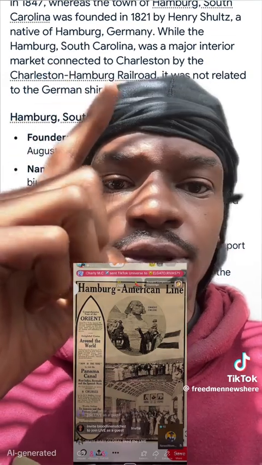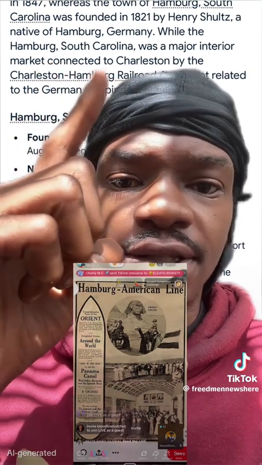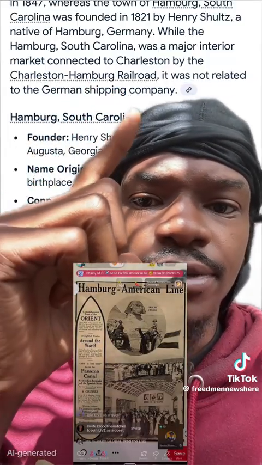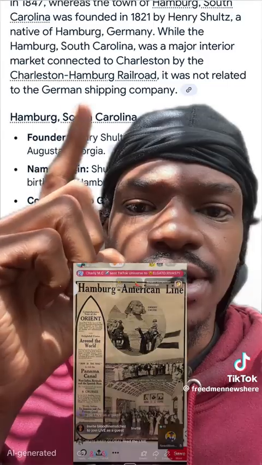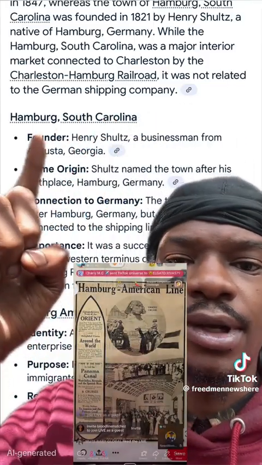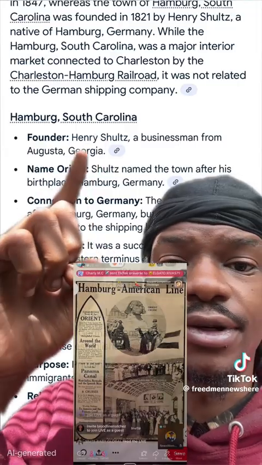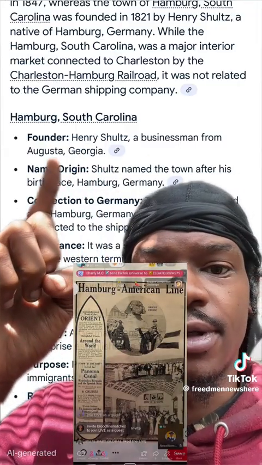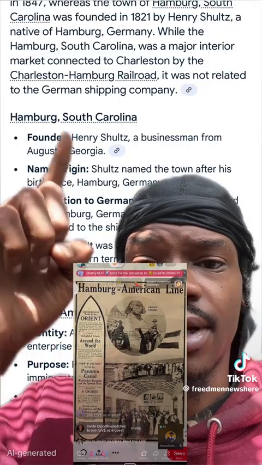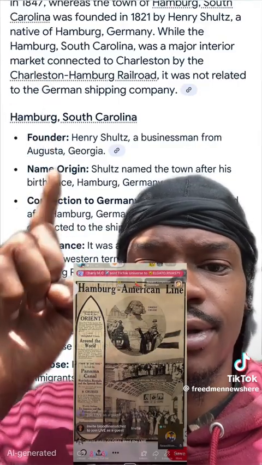Now, it was a major interior market connected to Charleston by the Charleston-Hamburg Railroad. It was not related to the German shipping company. Hamburg, South Carolina, founder Henry Schultz, a businessman from Augusta, Georgia. Wow, he's a native from Germany.